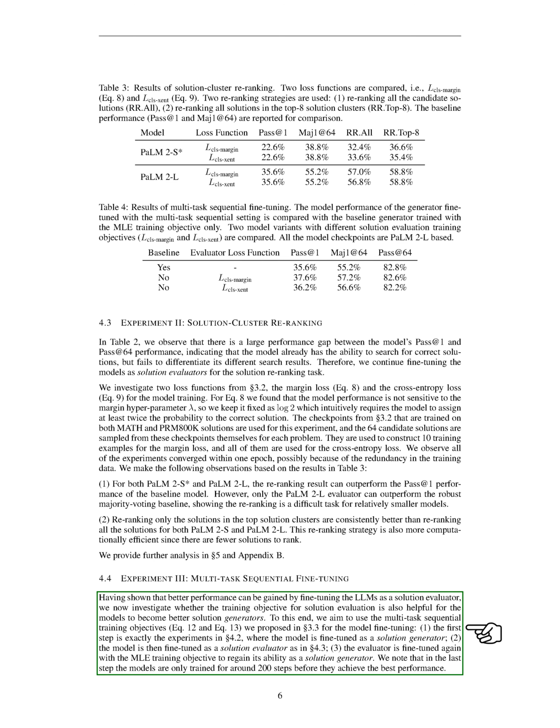Fine-tuning the models using the PRM800K solutions leads to significantly better performance compared to fine-tuning with the original math solutions. Additionally, re-ranking the solutions in the top solution clusters improves the model's performance. Multitask sequential fine-tuning, where the models are trained as both solution generators and evaluators, further enhances their performance compared to models trained only with the maximum likelihood estimation objective.